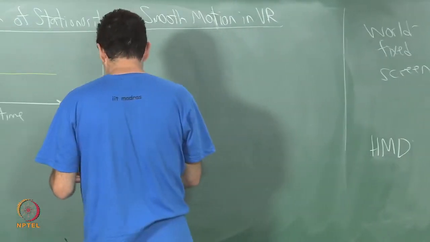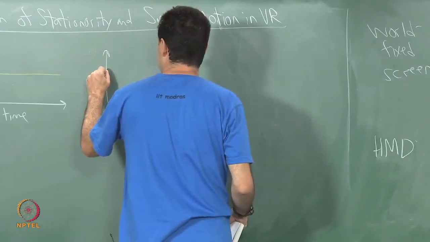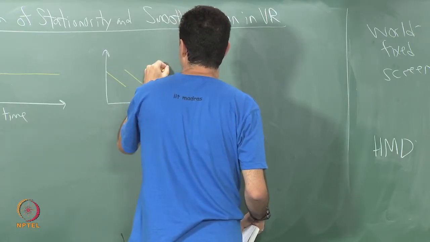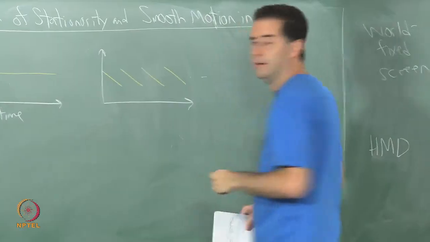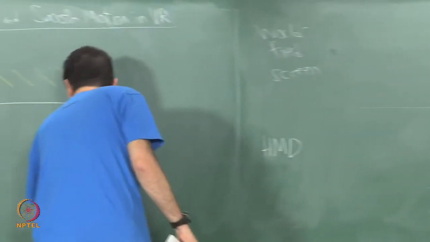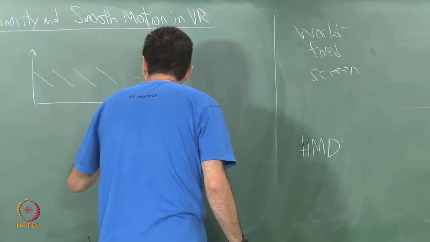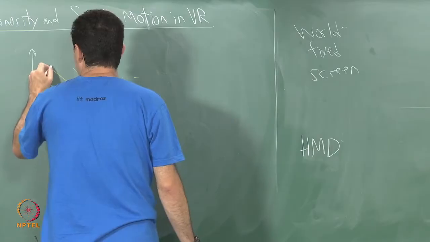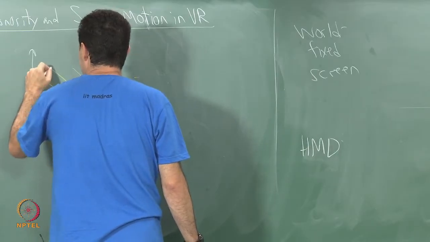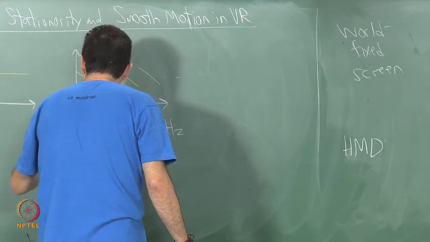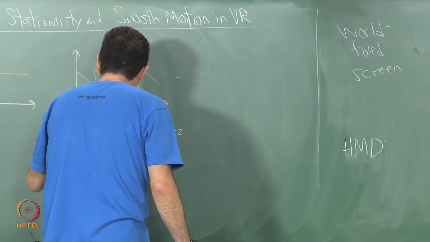So what you should instead get is a picture like this. If you're at 60 hertz, just as an example, then this amount of time here would be 16.67 milliseconds.